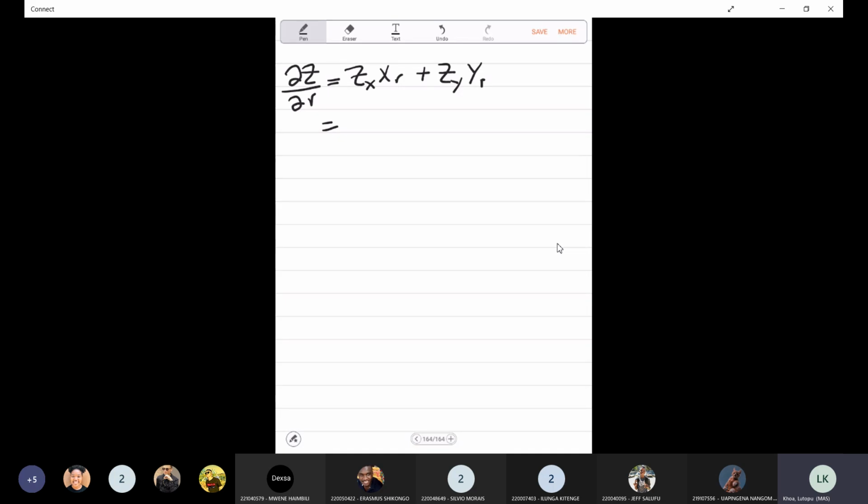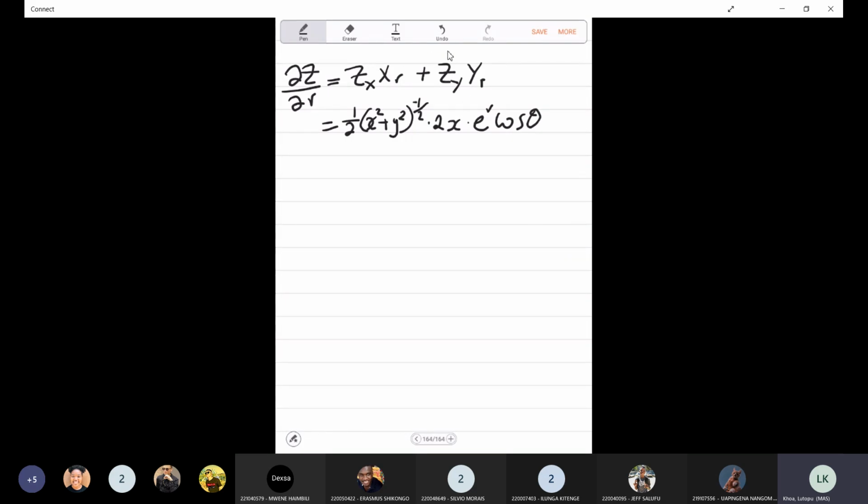Okay, so if we differentiate z with respect to x, we have a half x squared plus y squared to the power of minus a half times 2x. And then we differentiate x with respect to r, which is e to the power of r cos theta. So that's this first part over here.